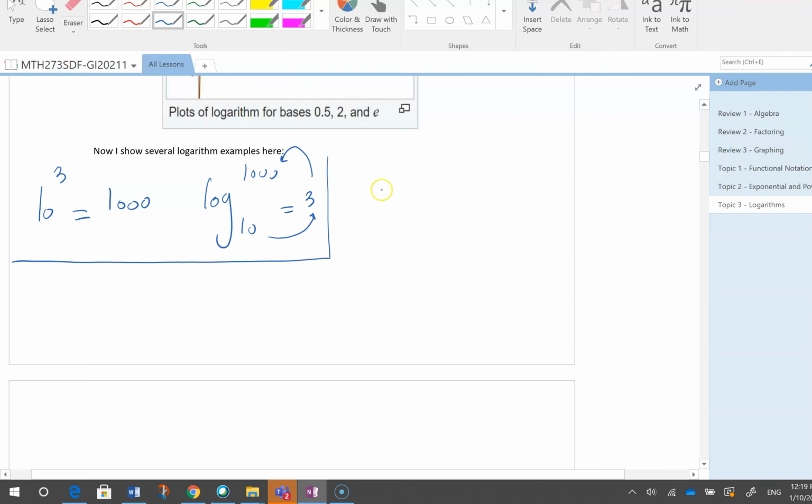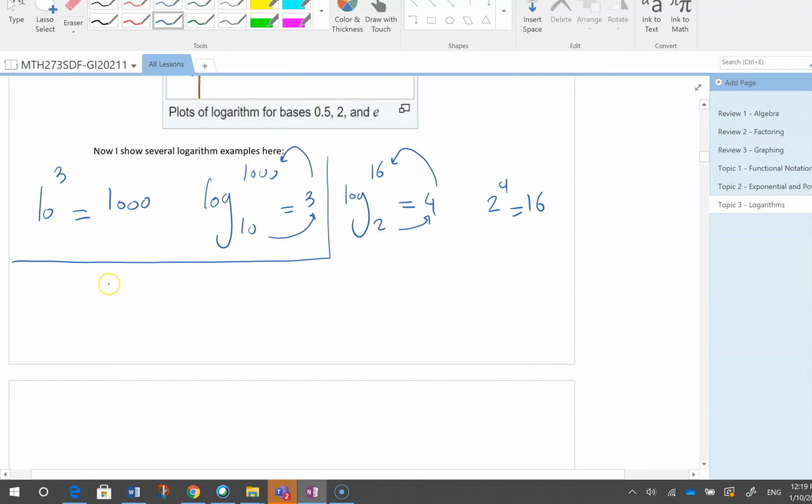How about, for example, logarithm of 16 base 2? What is the answer? You say, 2 power what is 16? That's 4, because 2 power 4 is 16. You can make the connection here.